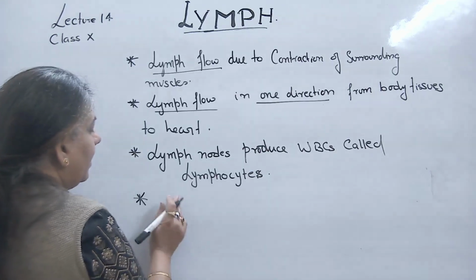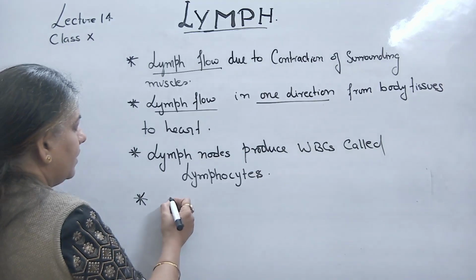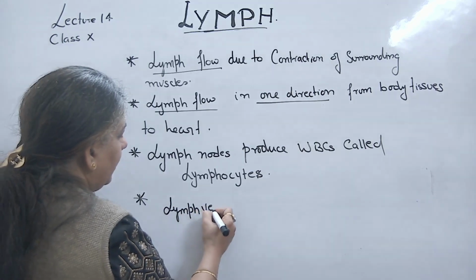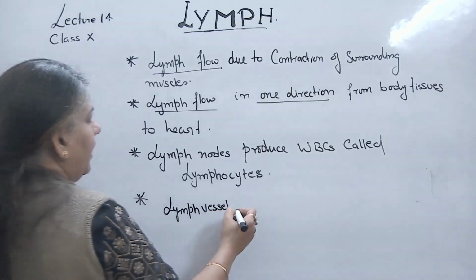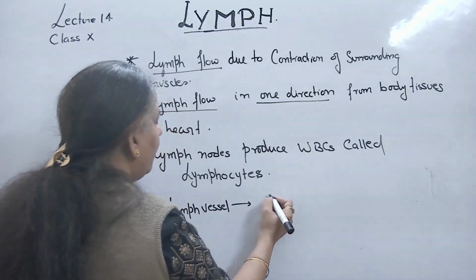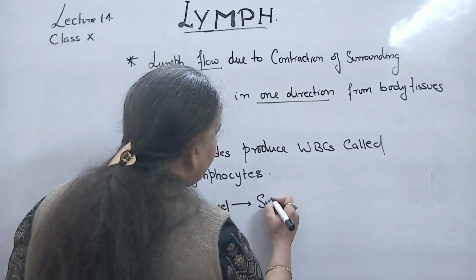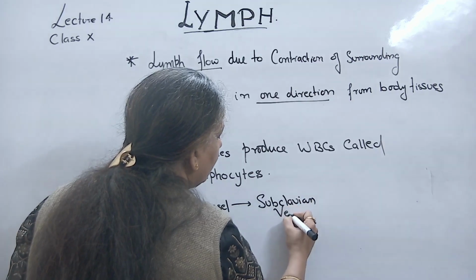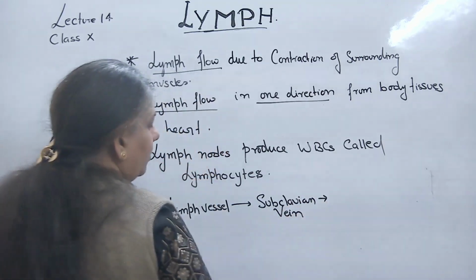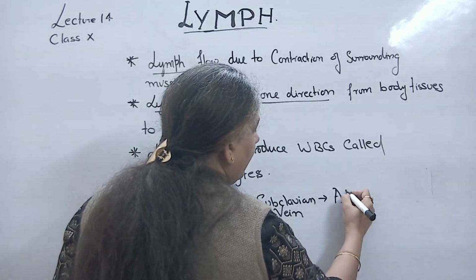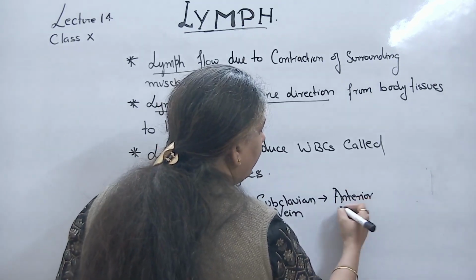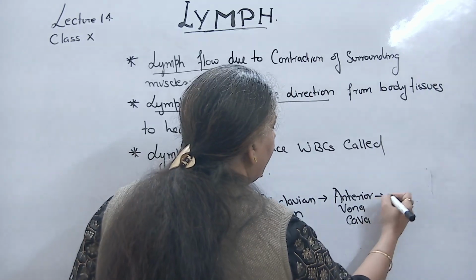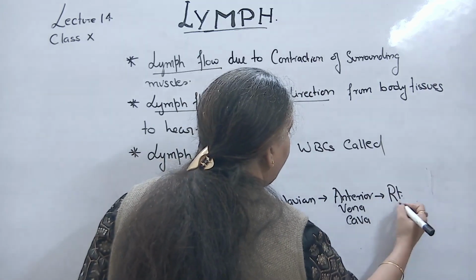So all the lymph vessels will collect and pour it into the subclavian vein, then into the anterior vena cava, and then into the right atrium.